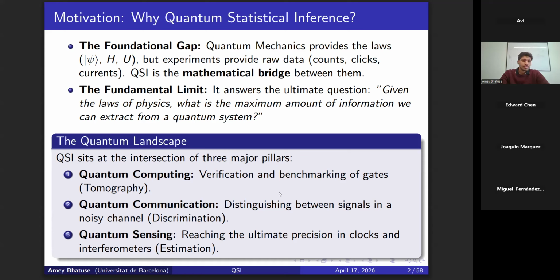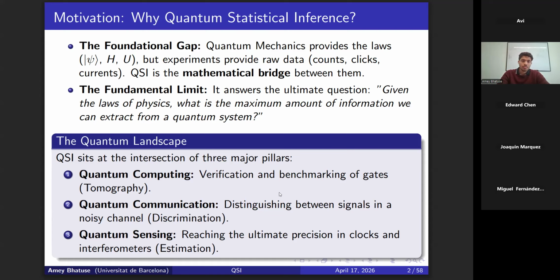The second pillar is quantum communication, where we have this whole pipeline of transmitters, receivers, and repeaters, and we want to send a photon from one point to another without any attenuation. There we have another use of QSI, where we want to distinguish between two or more signals in a noisy channel.